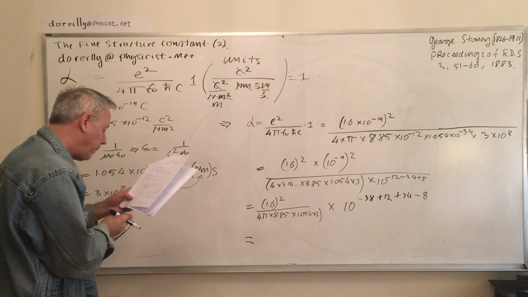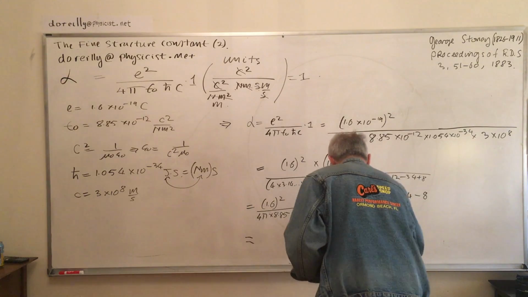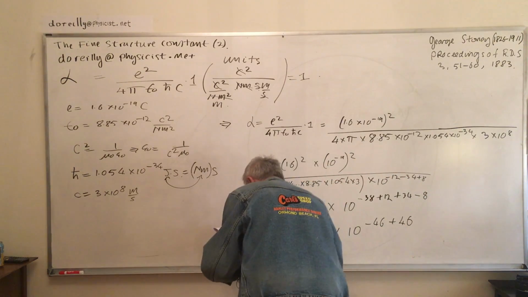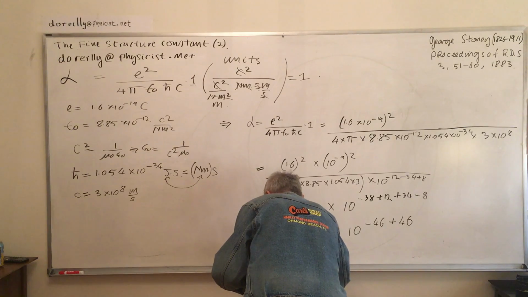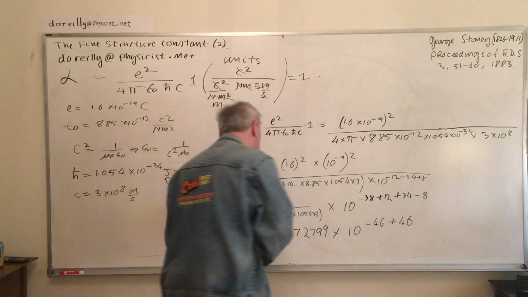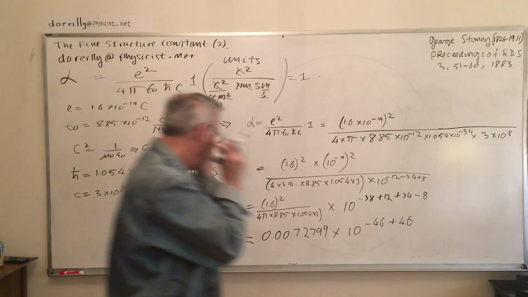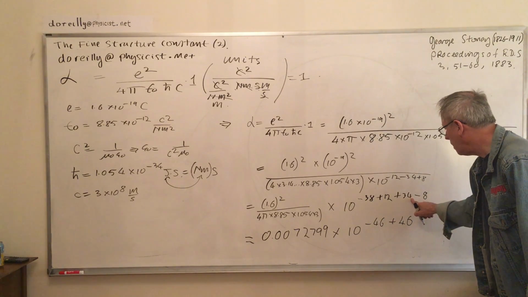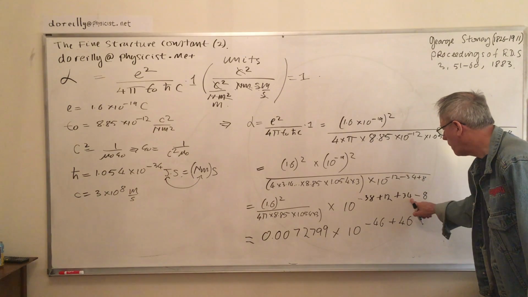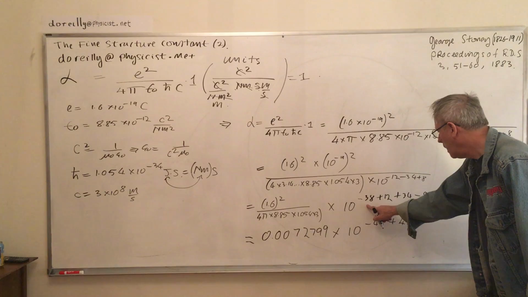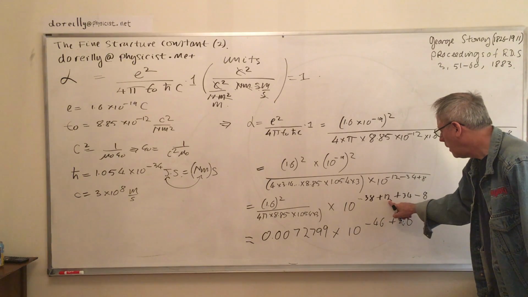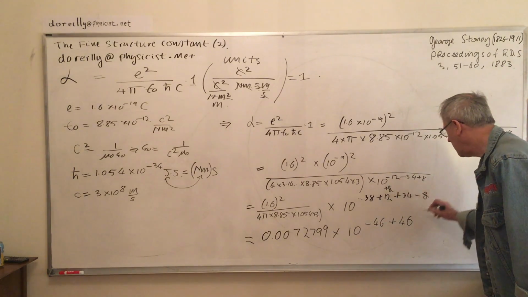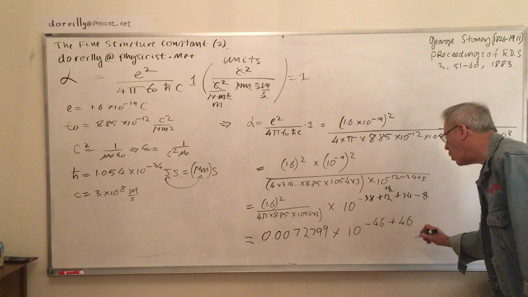When I work out this number, I get 0.07299 times 10 to the power of, well, 38 minus 34 leaves negative 4, and then positive 12, positive 8, negative 8 gives me minus 4 plus 12 is 8, and 8 minus 8 is 0, so 10 to the power 1 overall.